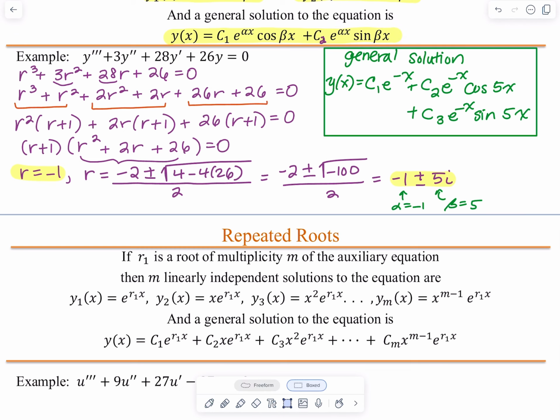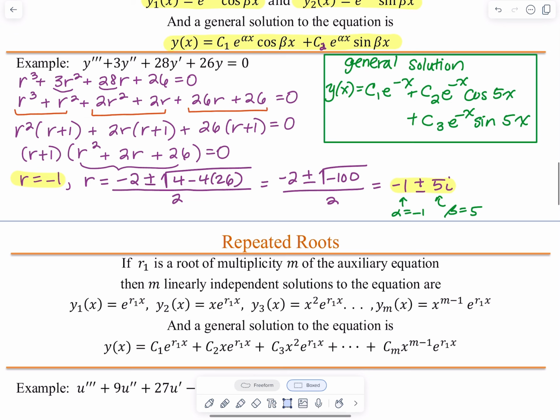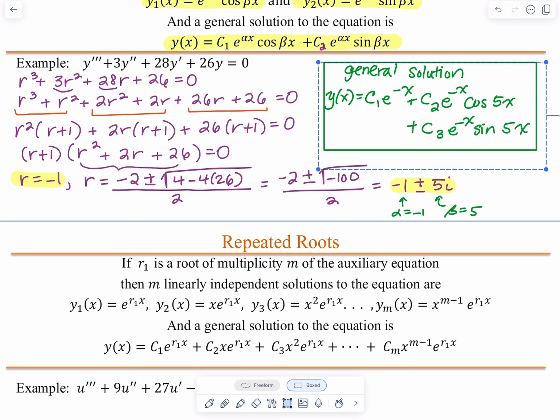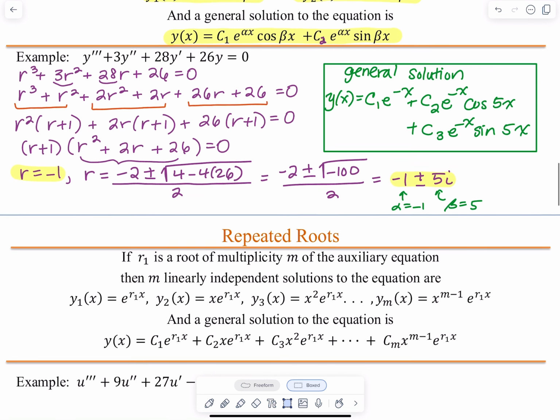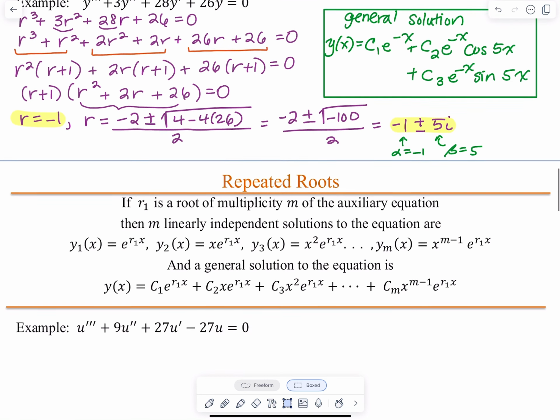Okay, let's take a look at our third case, and that is when we have repeated roots.